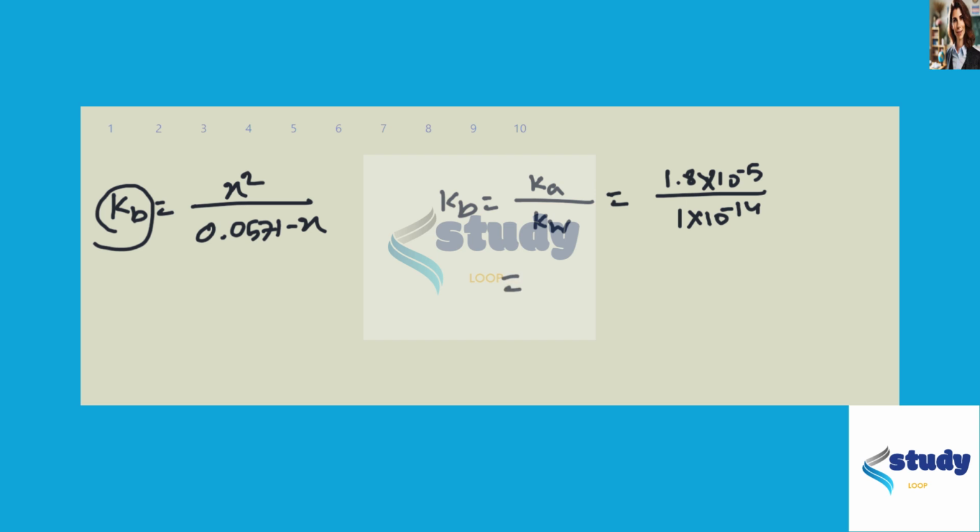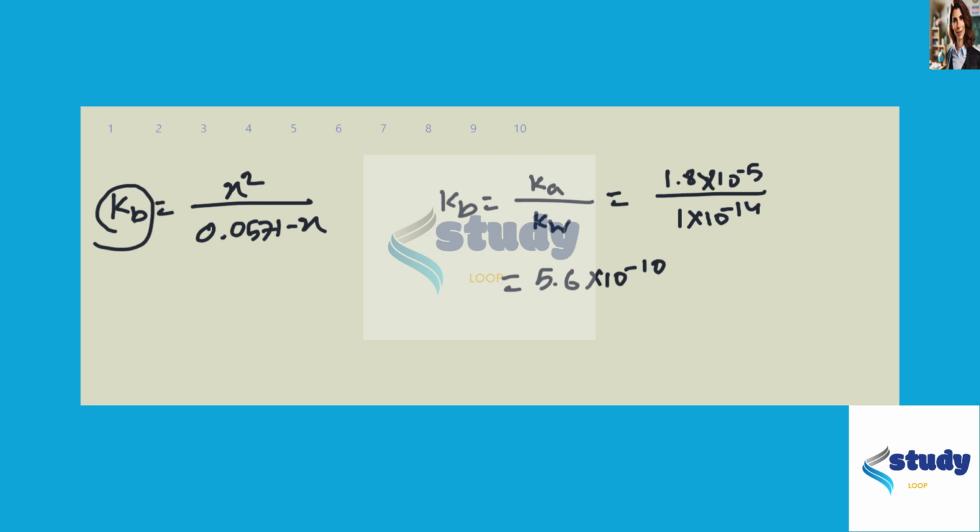So from here we can find that the Kb value for the reaction we are talking about is 5.6 times 10 to the power minus 10. So this is our Kb value.